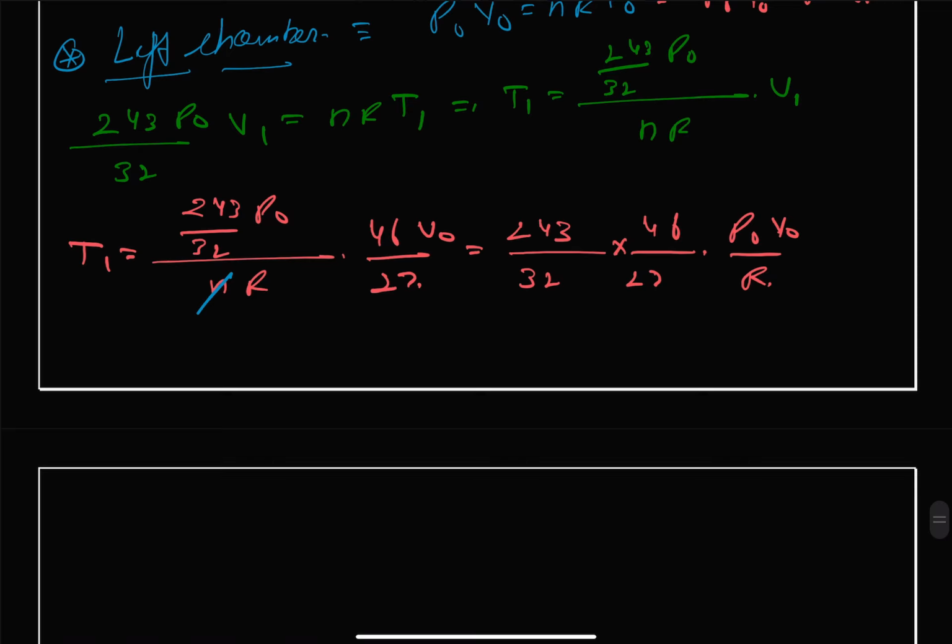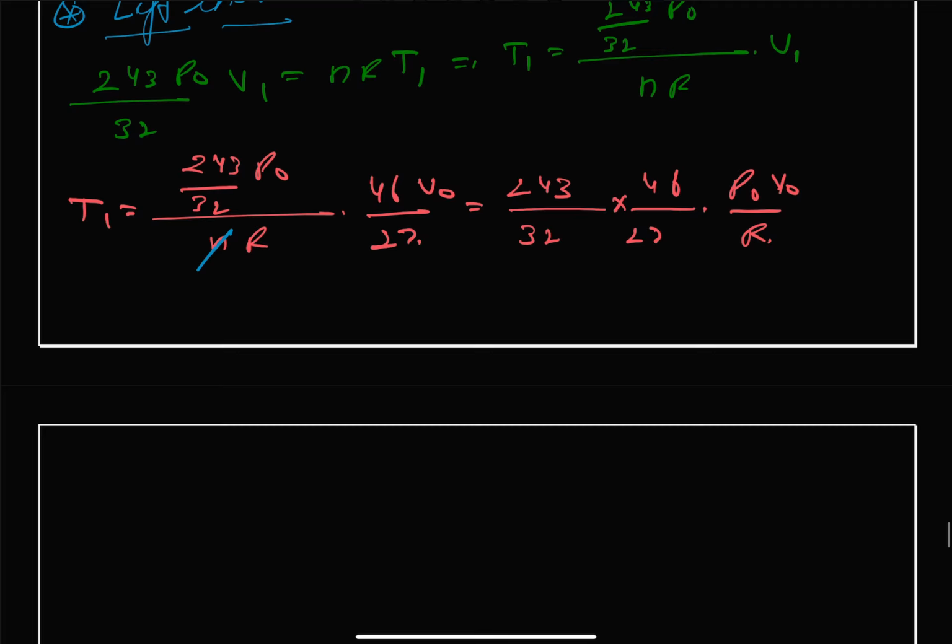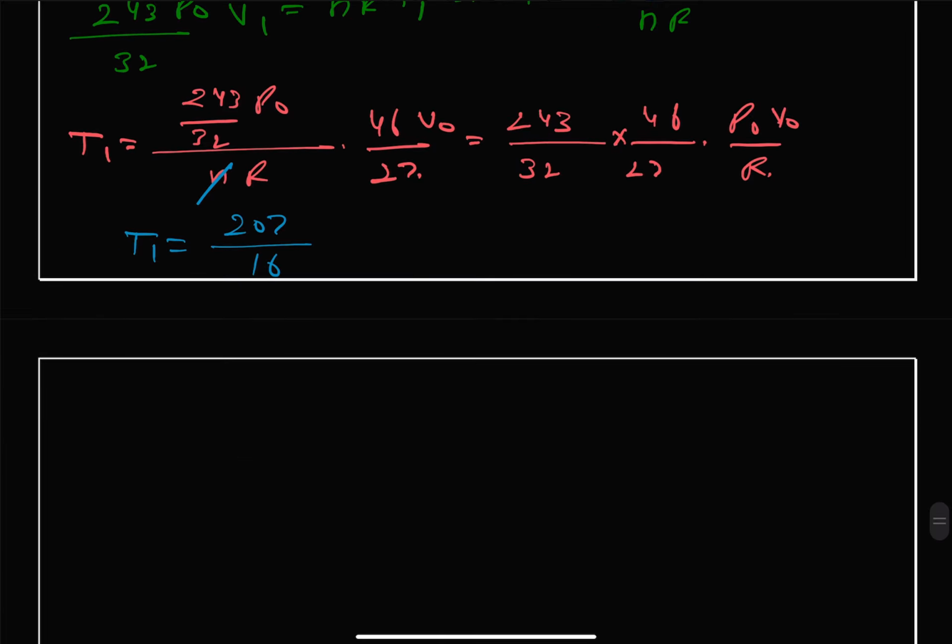Therefore we can write that our T1 will be equal to 207 upon 16, and P naught V naught is R times T naught divided by R, and this R and R goes away. We get our T1 is equal to 207 upon 16 times T naught.